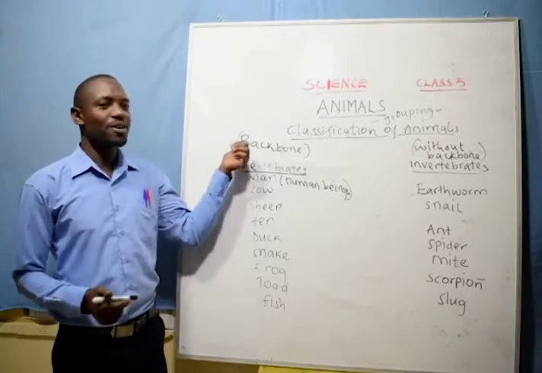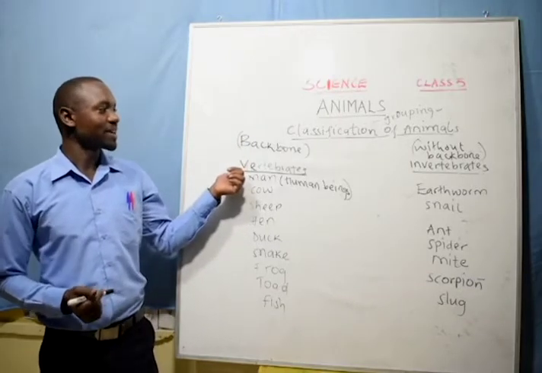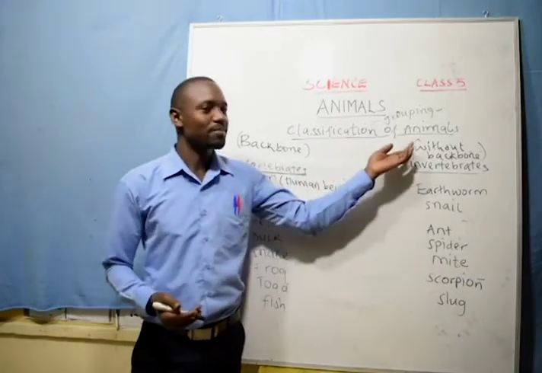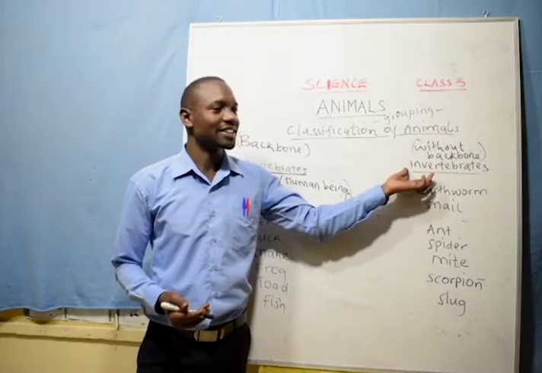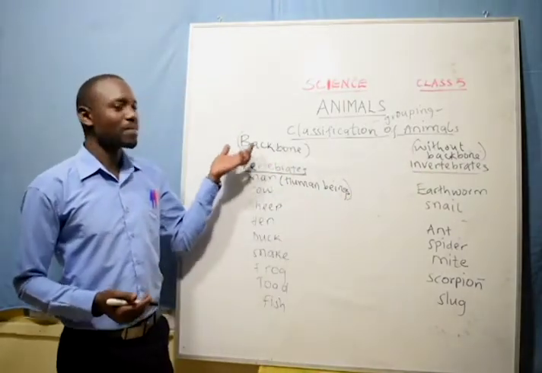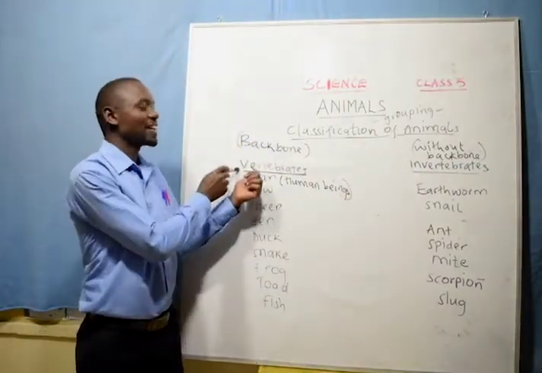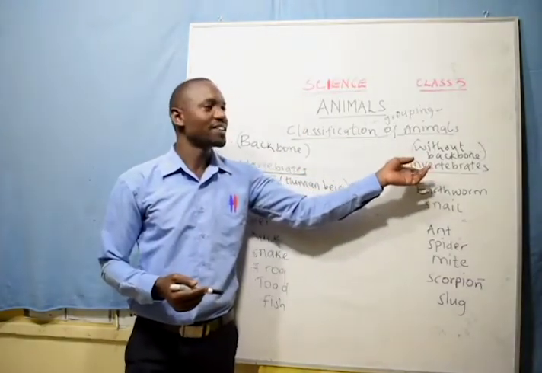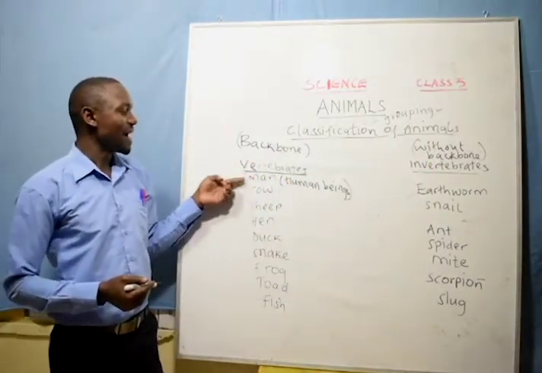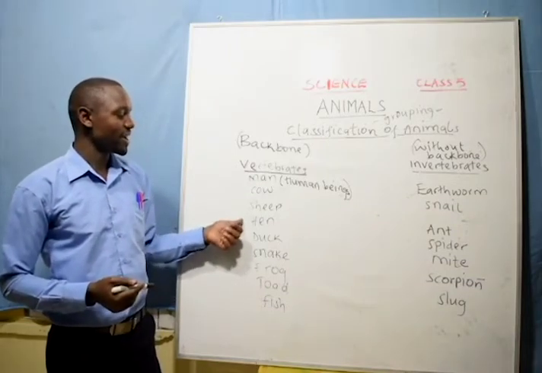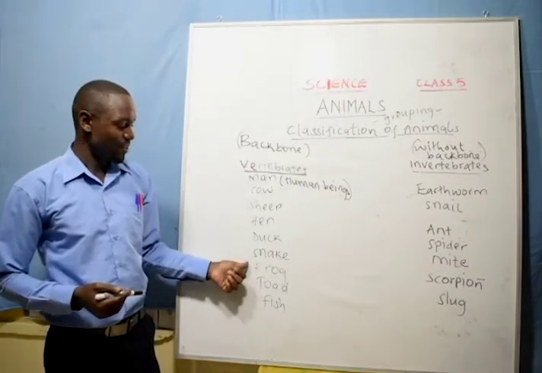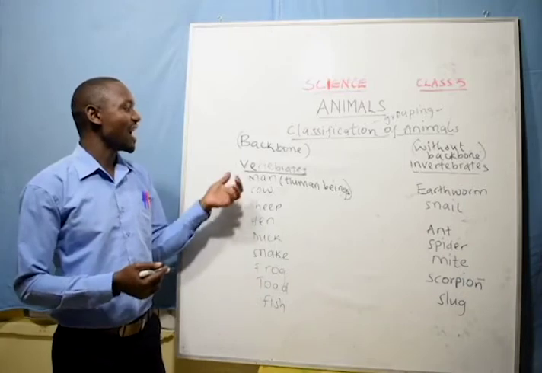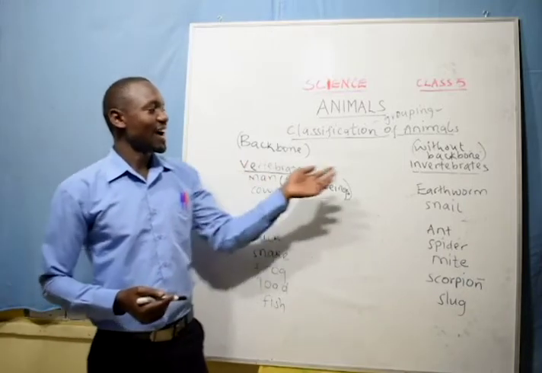Animals with backbone, I am vertebrates. Without backbone, I am invertebrates. Man, cow, sheep, and duck, snake, frog, toad, fish, are vertebrates.